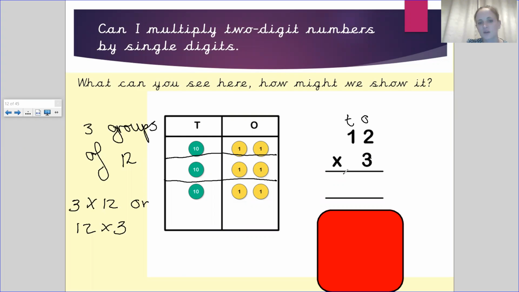So I'm going to say 2 times by 3, and then I'm going to say 10 times by 3, because I'm timesing 3 into this number, and then I'm timesing it into that number. So 2 times 3 is 6, and 10 times 3 is 30. So if I add that together, my answer is going to be 36.